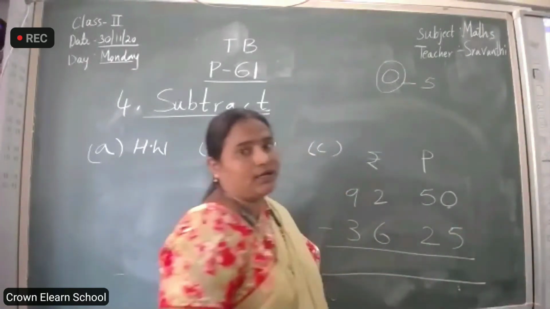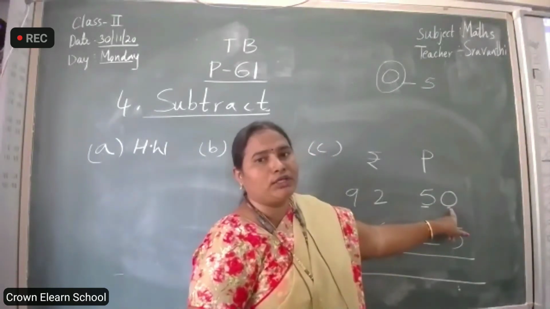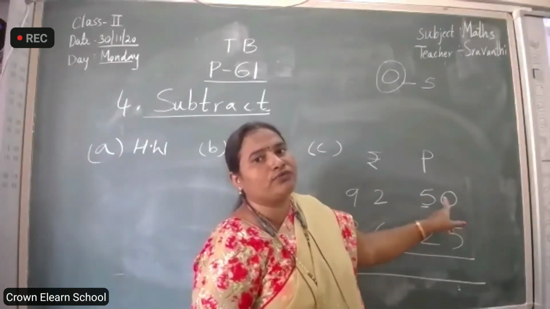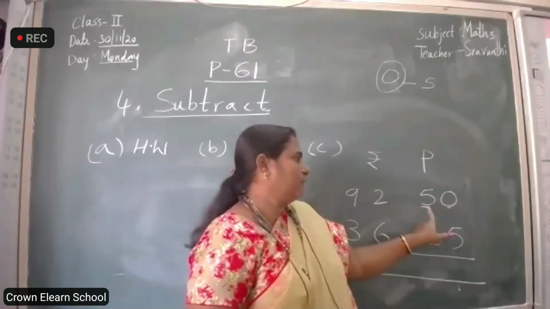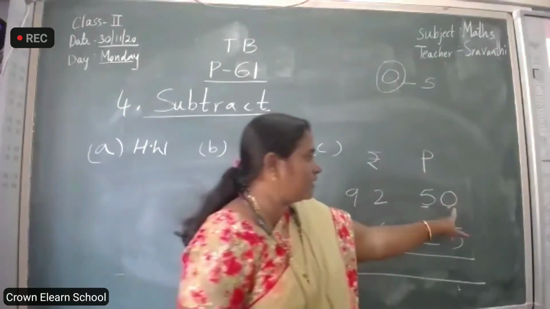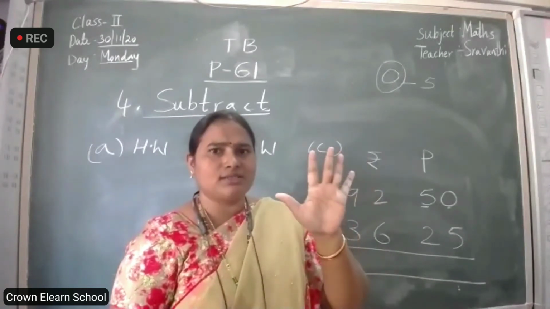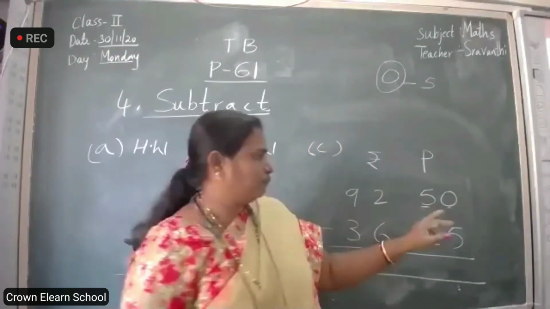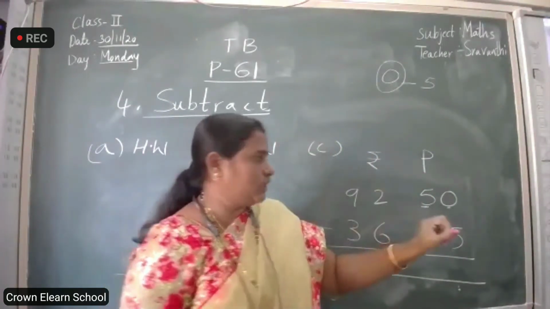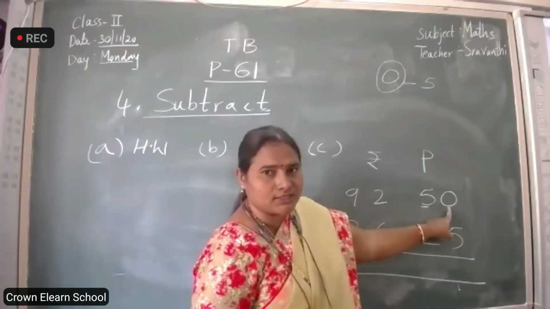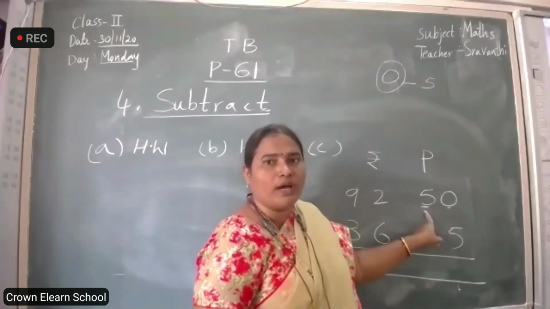What is the next number? 5 is there. So this 0 is going to borrow from the next number, 5. Can 5 give 1? Yes, it can give. This 0 is asking, I cannot subtract 5, so will you please help me by giving 1?